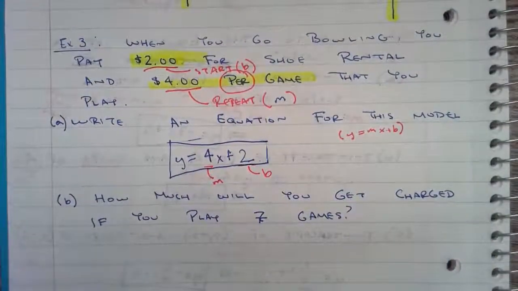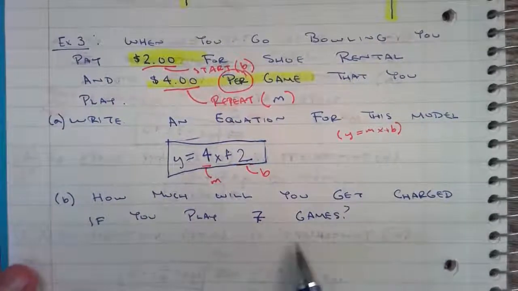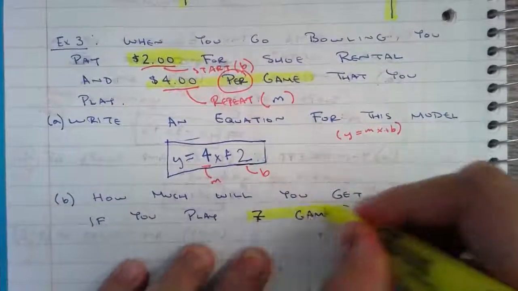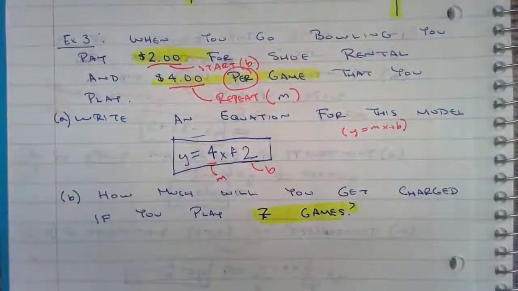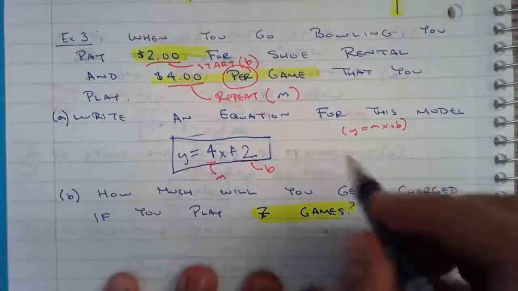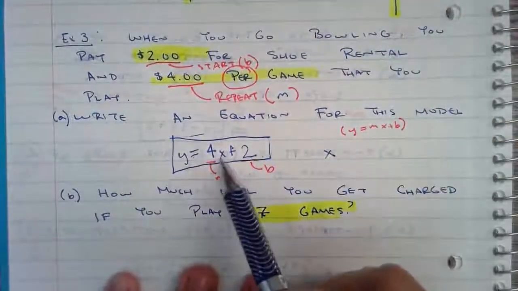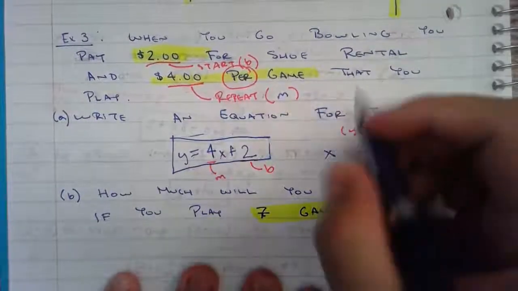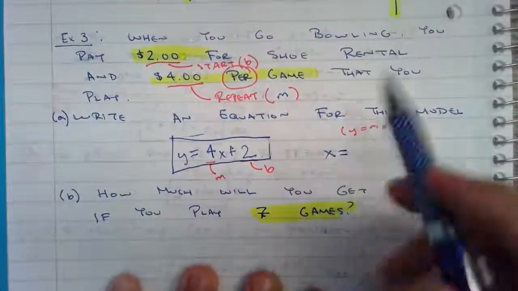Now, the second part, they say how much will you get charged if you play 7 games. So let's think about this. You have to think about your equation. What is my x representing, you guys? Remember when they said $4 per game, they were talking about every game.